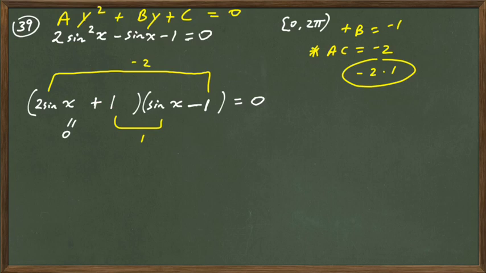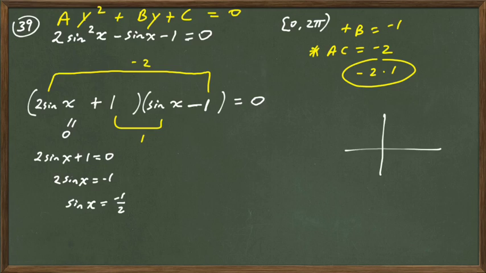If you make this equal 0, and I subtract 1 and divide by 2, I'm looking for where the sine of x is -1/2. The sine of what angle is 1/2?